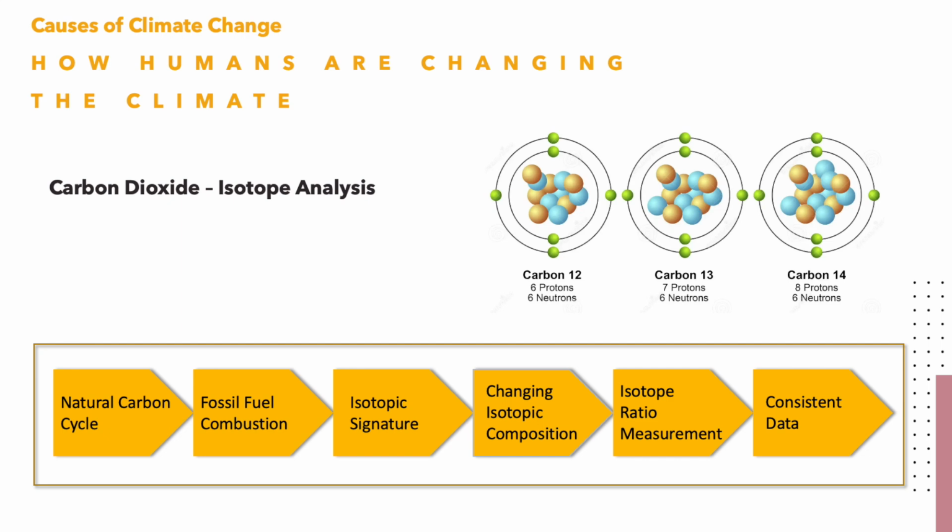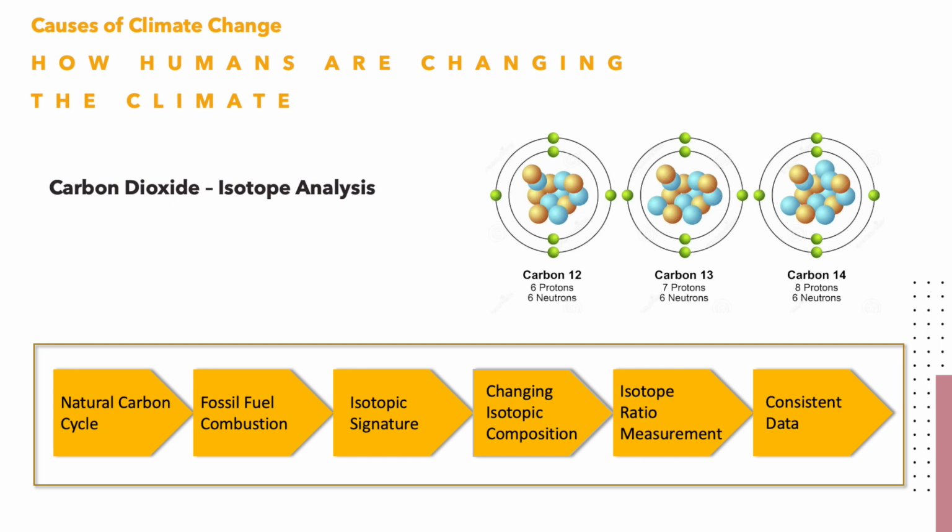Carbon atoms have different isotopes, which are variations of the element with different numbers of neutrons. Fossil fuels have a distinct isotopic signature because they come from ancient carbon sources. The carbon in fossil fuels has a lower proportion of the isotope carbon-14 compared to carbon-12.